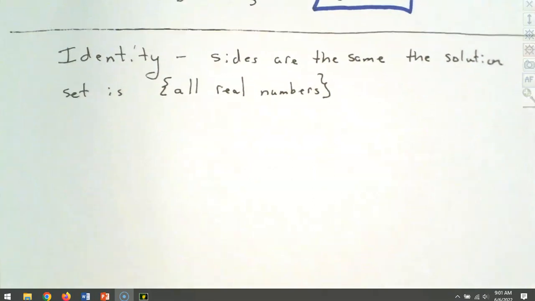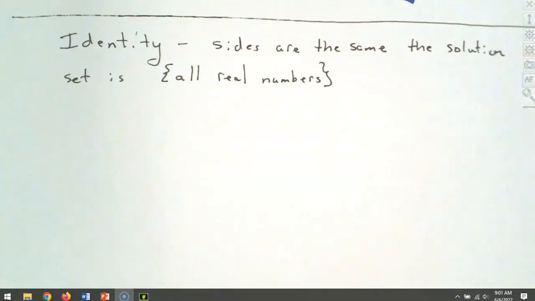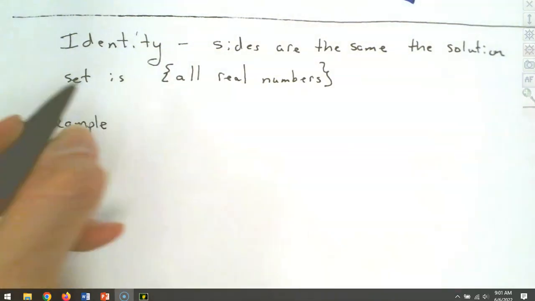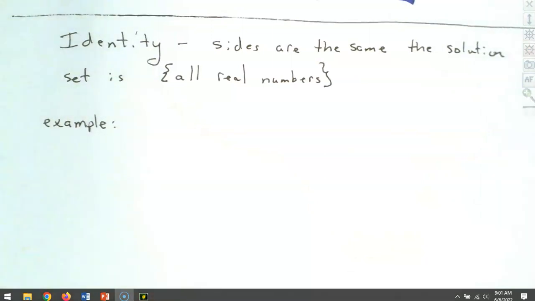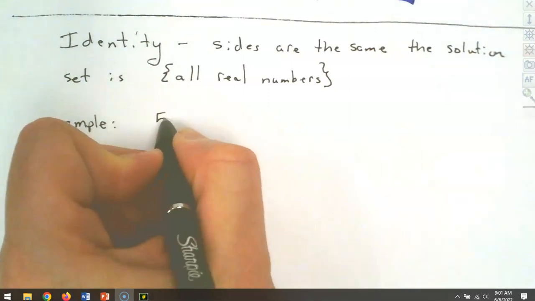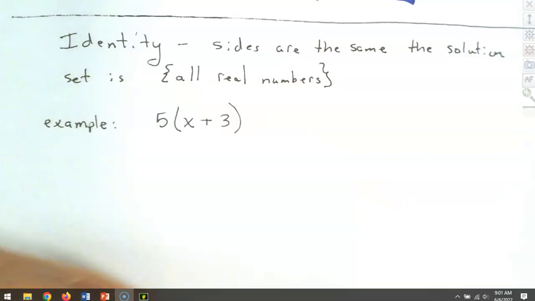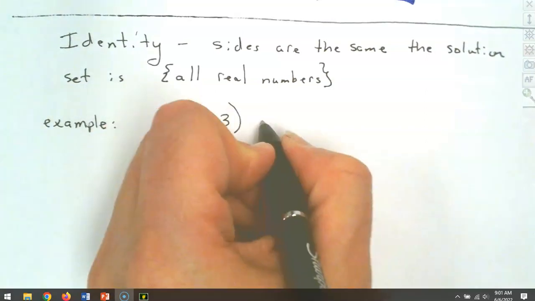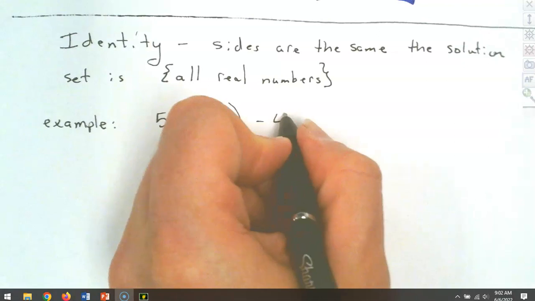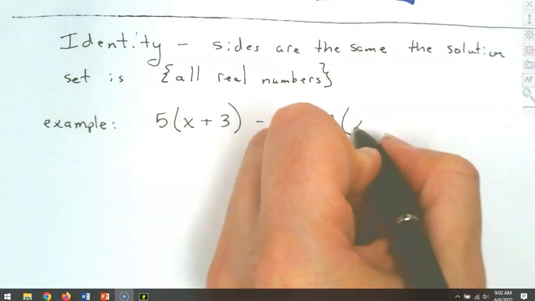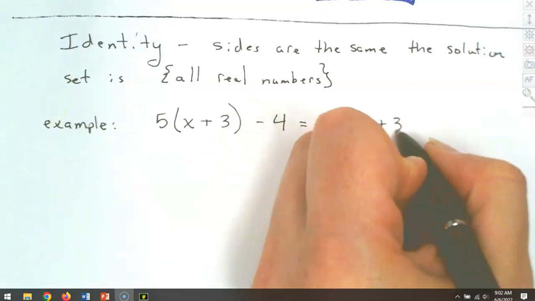Here's an example. They may not look the same at the very beginning, but they are after doing a little bit of manipulation. So here's an example of an identity: 5 times x plus 3 minus 4 equals 3 times x plus 3.